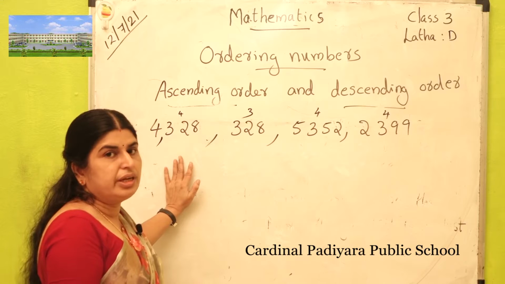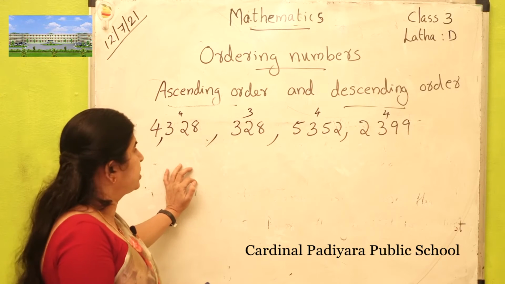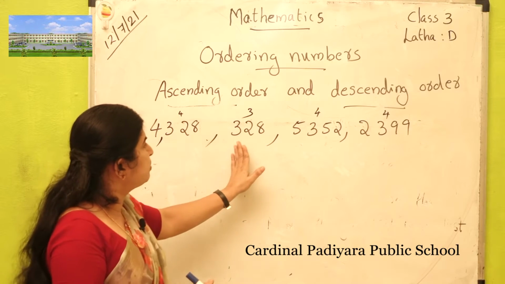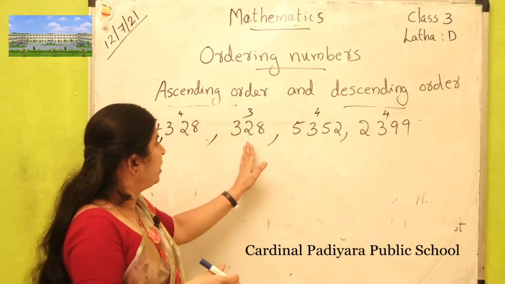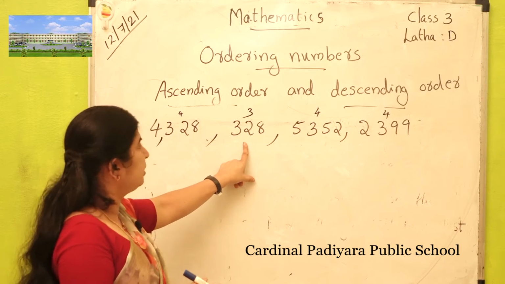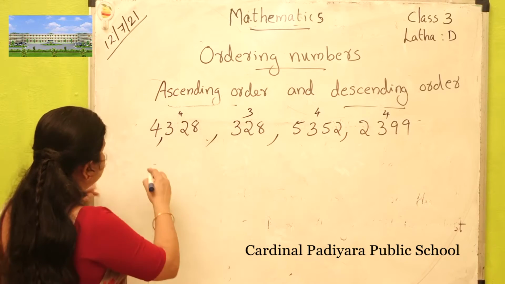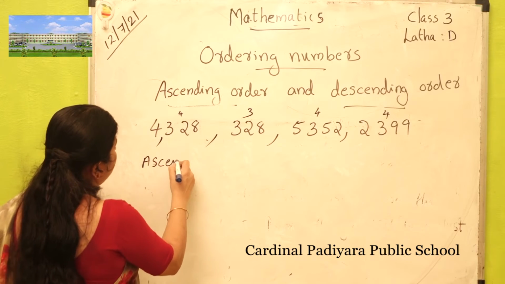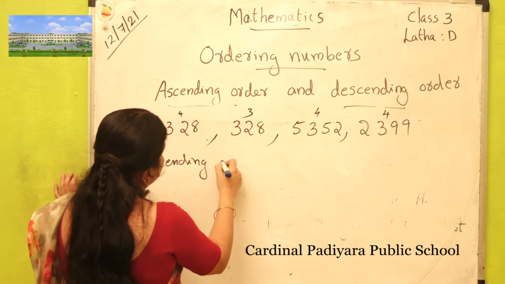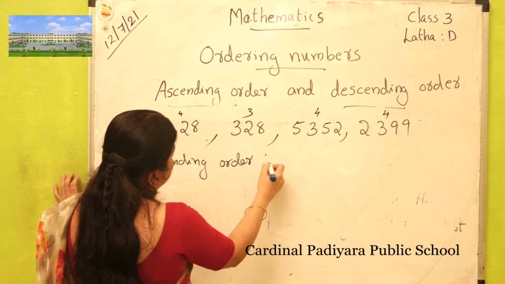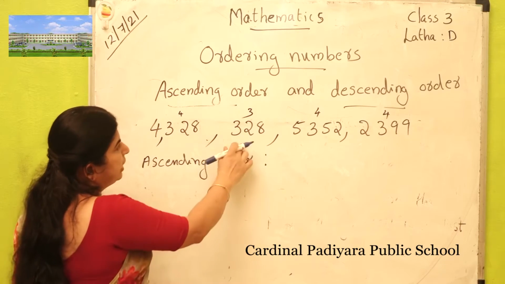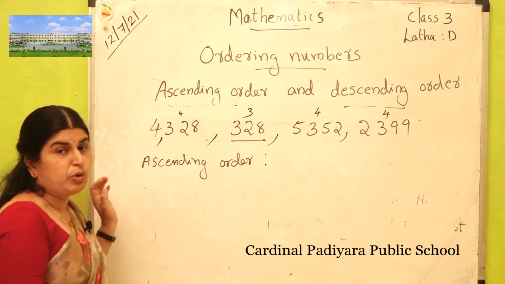Ascending order means arranging from smallest to greatest. Which is the smallest number here? The number having fewer digits is the smallest number. Therefore, in ascending order, this is the smallest number.